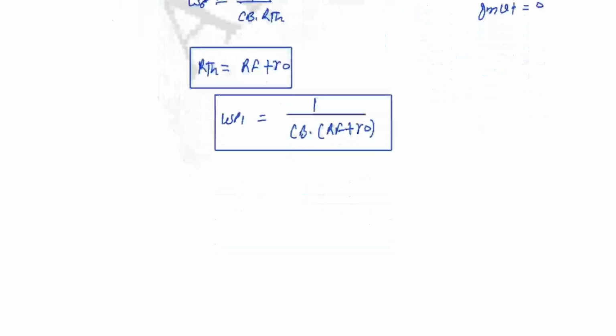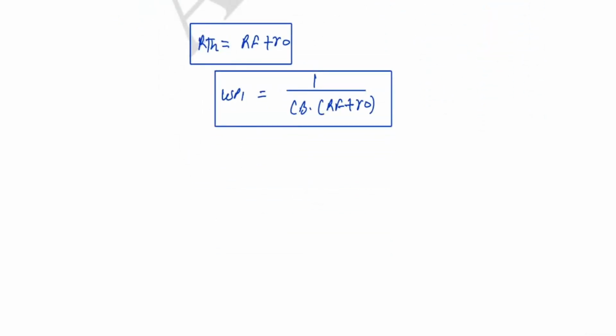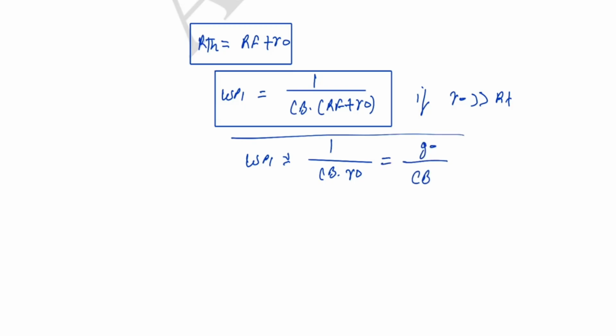Again, if we say that R naught is usually greater than Rf, then omega p1 will be 1 by Cb into R naught, or G naught by Cb.